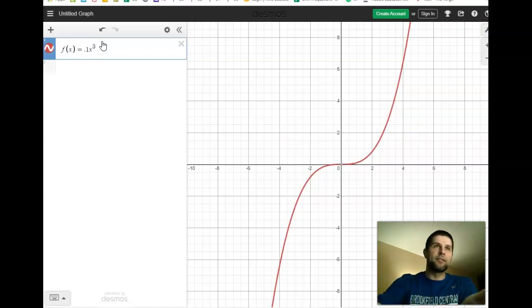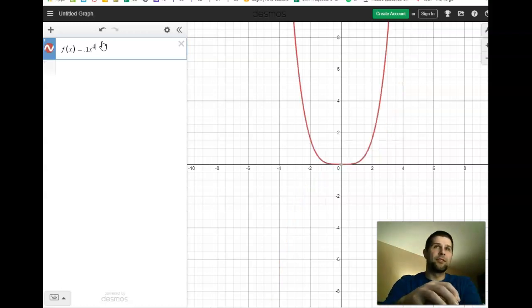Let's say I go to x to the fourth. It's a different polynomial and looks a little bit different than x squared, but you can see the end behavior is still the same. Both sides are just going up, increasing. As x is getting big, so is y. As x is getting smaller, or getting really big in the negative direction, y is also increasing.